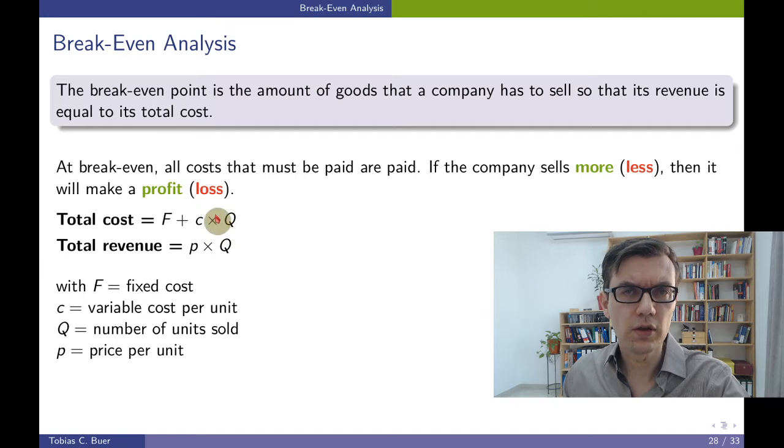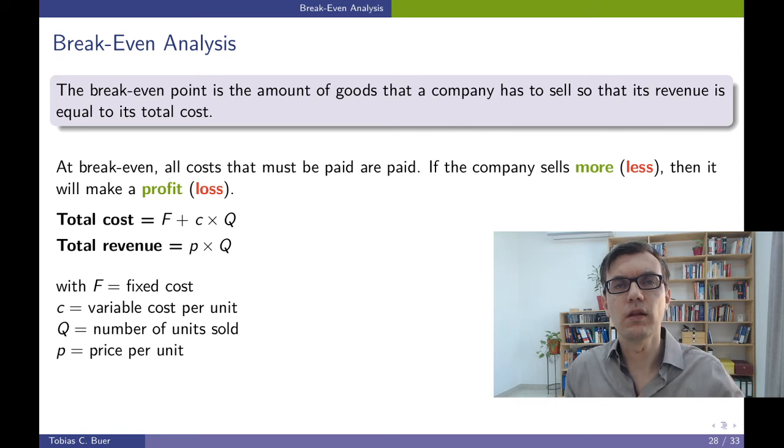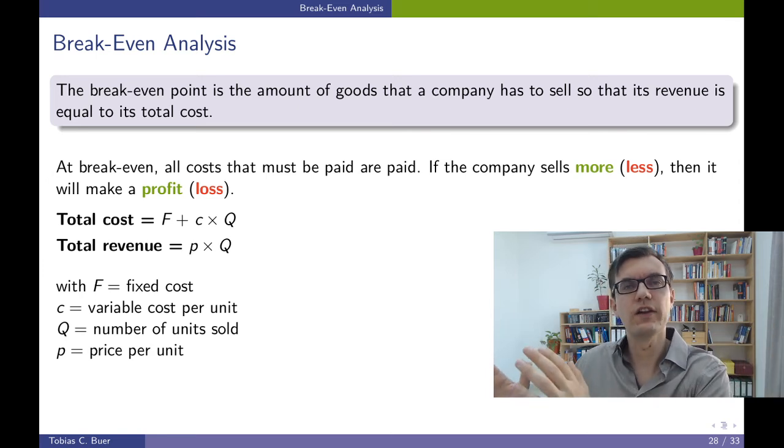The total cost, on the other hand, also depends on the number of items that we sell, big Q times the cost. And small c denotes the variable cost. For example, if we sell cars, then this is the price that we pay to buy a car. And maybe it also includes some transportation costs, so that the new car can arrive at our showroom.